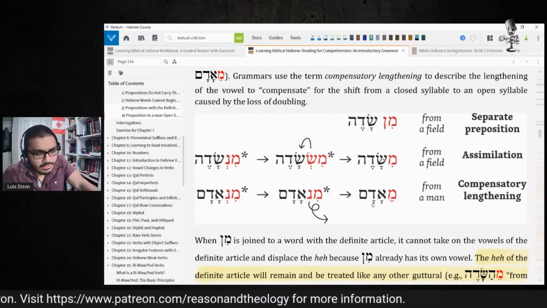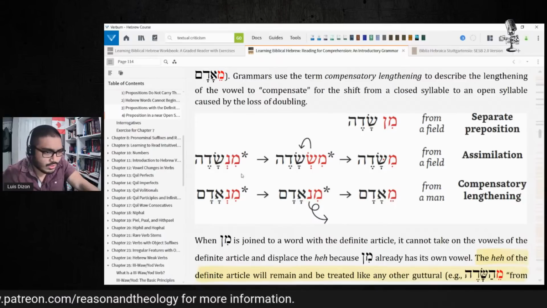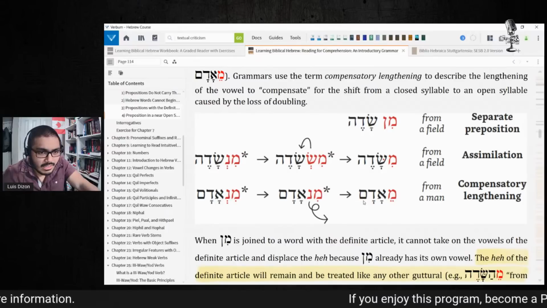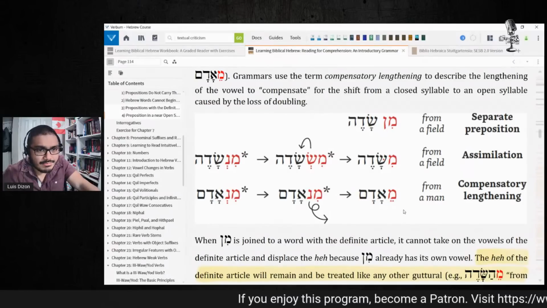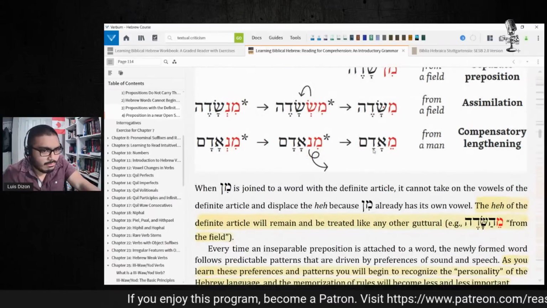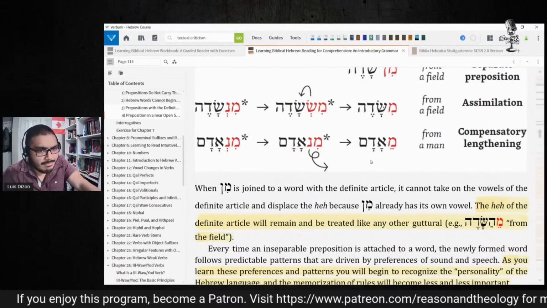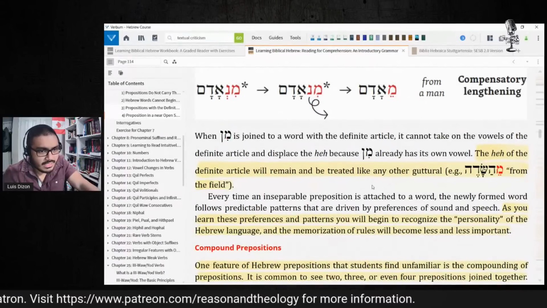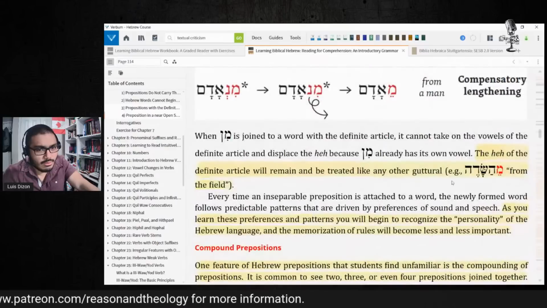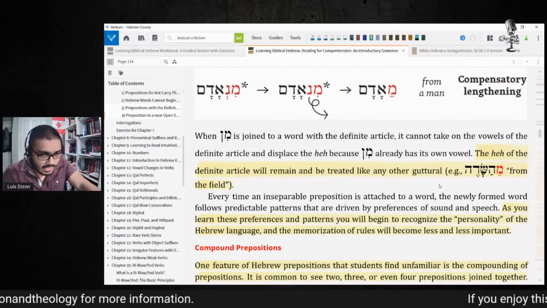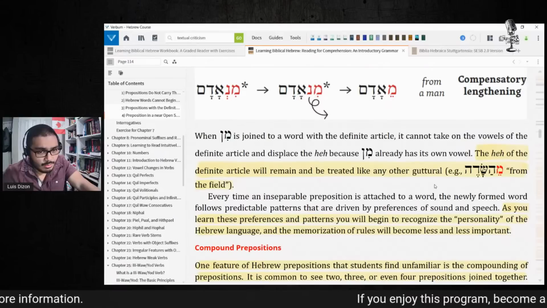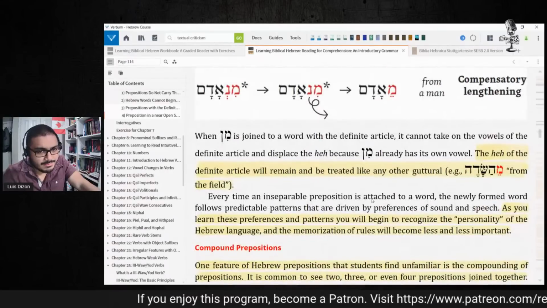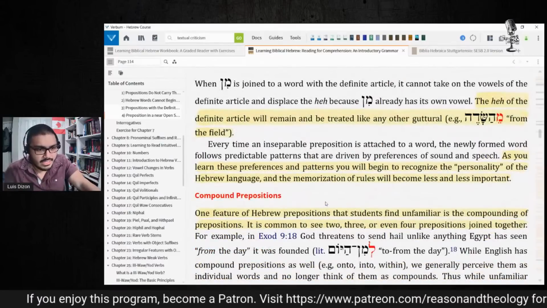Sometimes it will stay as a hirek, but other times it will turn into a tsere. So min adam becomes me adam, because it would be weird to say mi adam, so they changed this vowel. This usually, but not always, happens when there is a definite article on the word it is attached to. So from the field, me hasadeh, you wouldn't say mi hasadeh.